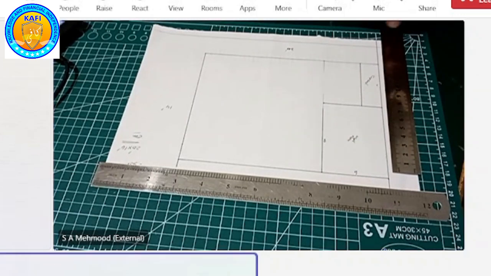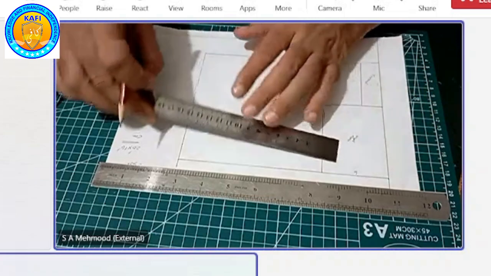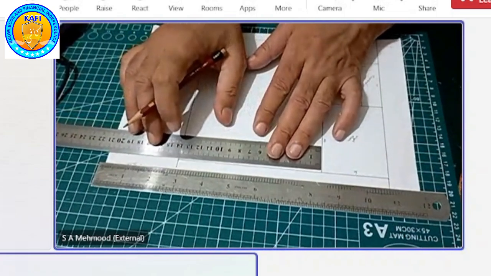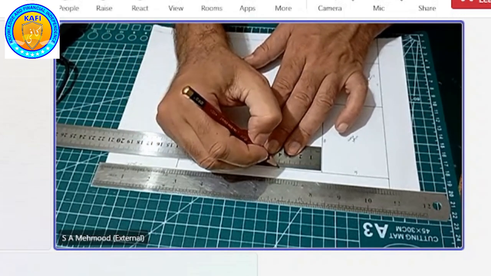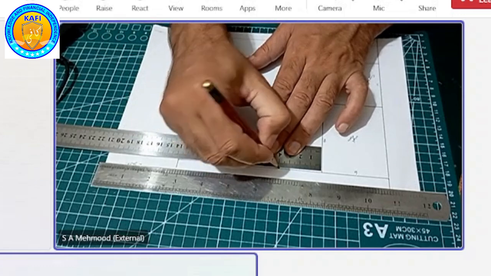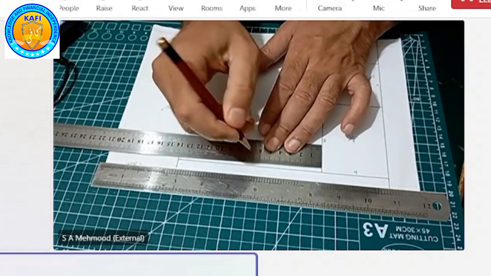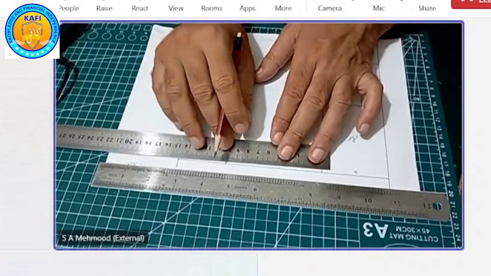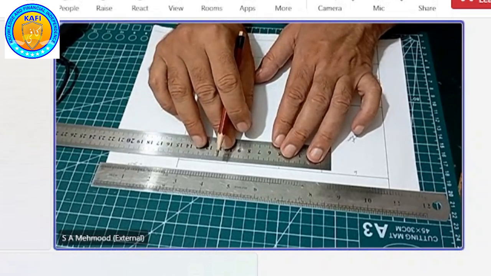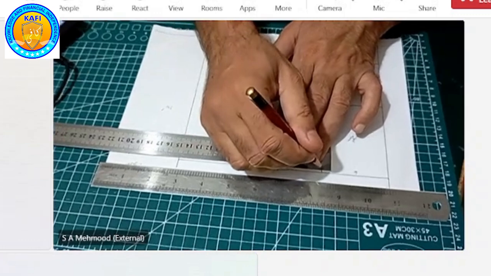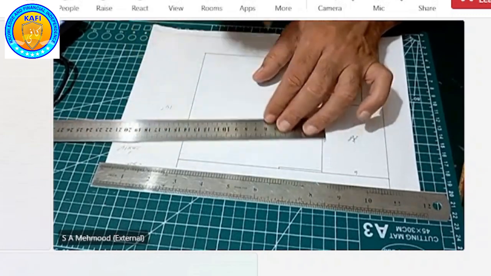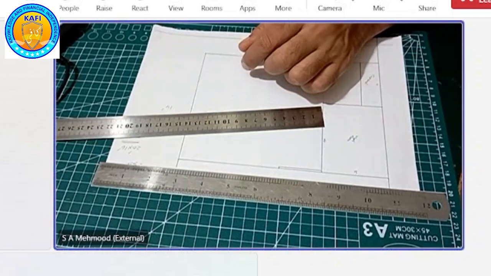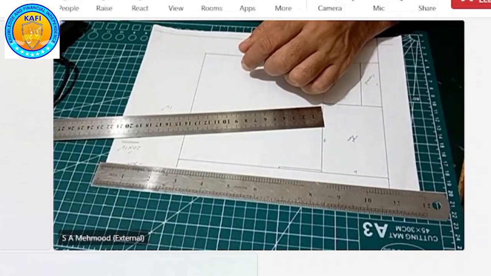So what else we have here? On this side we had a 4 feet window. What we had? A 4 feet window. Okay? I will put a window right here. What else we have here?